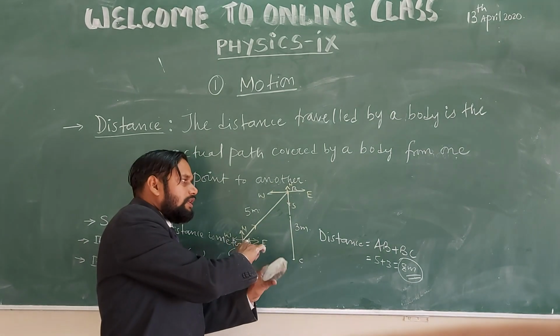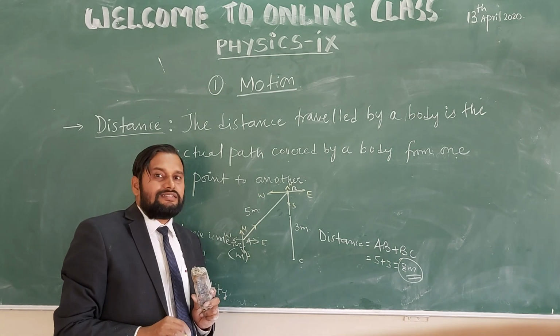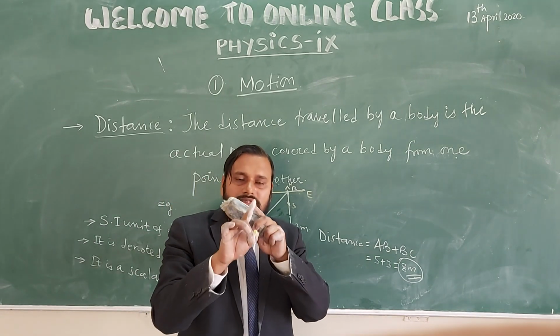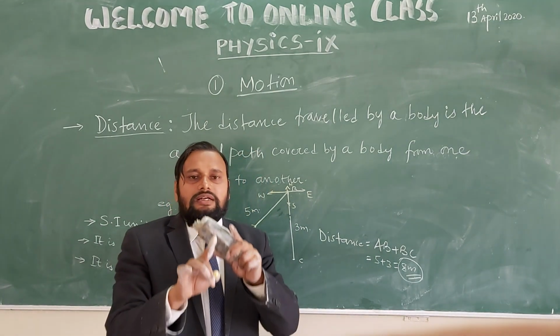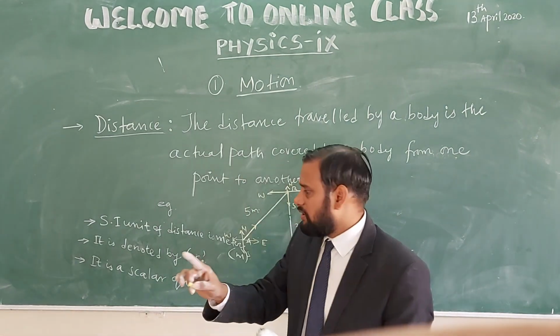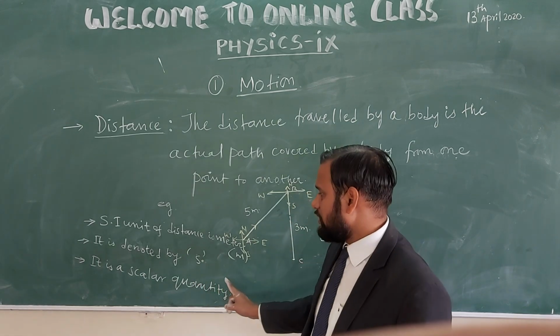That means 2 times it has changed its direction. So it has no particular, no fixed direction. That means it has only magnitude but no fixed direction. That means this quantity is called a scalar quantity. That means distance is a scalar quantity.